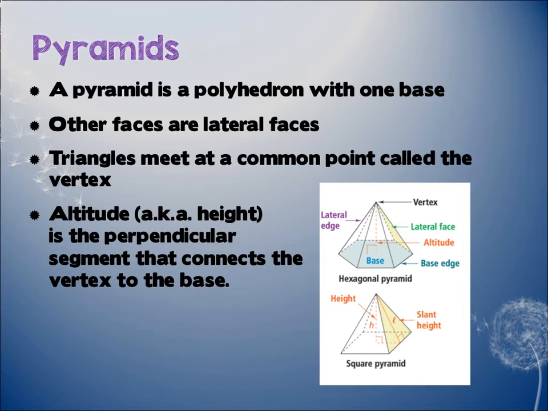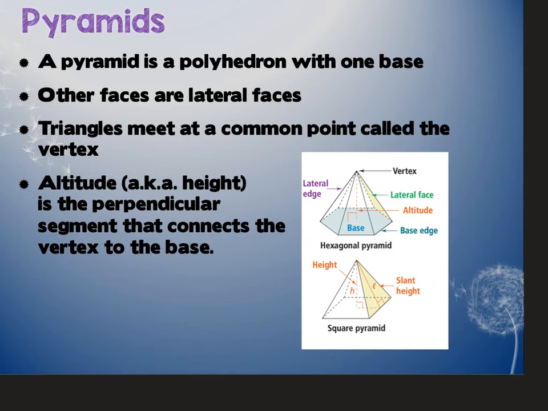So pyramids are a little trickier than prisms in that you've got the side here, which is the base edge. You've got two different kinds of height. Regular height that runs straight from the vertex to the middle of the base. And then you also have something new called slant height.